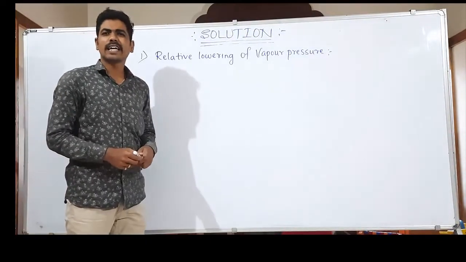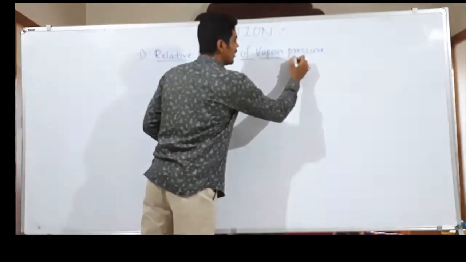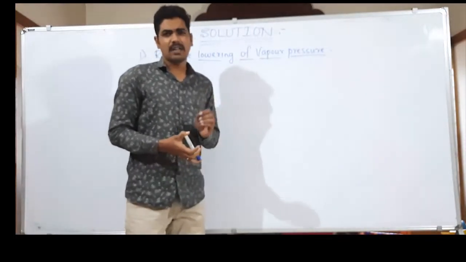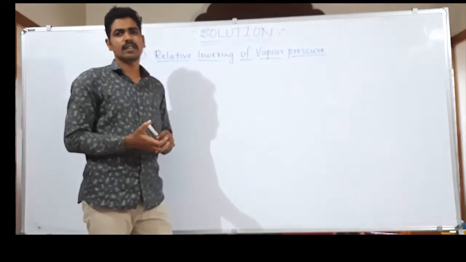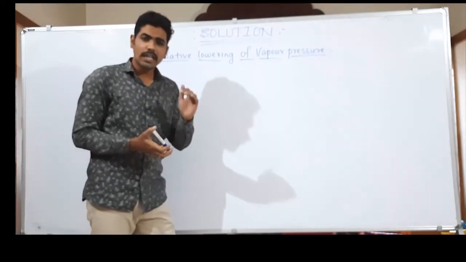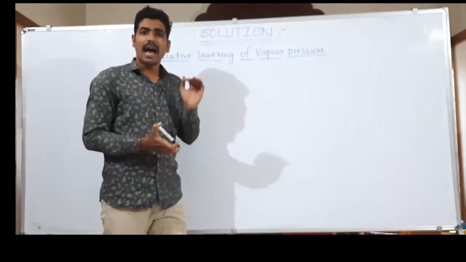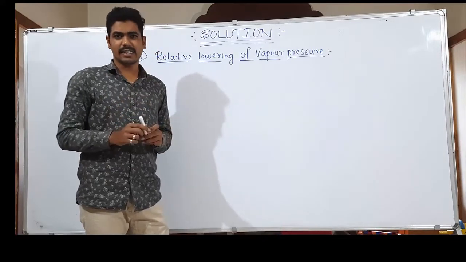The first colligative property is relative lowering of vapor pressure. So as you all know, when the solid solute is added to the solvent, the boiling point of the solvent increases and vapor pressure of the solvent decreases.